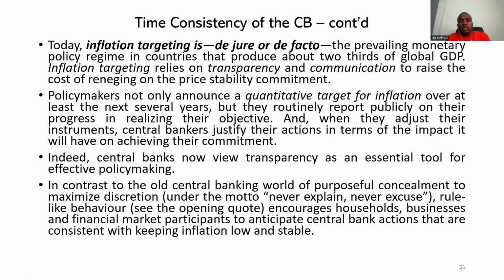And it relies on transparency and communication to raise the stakes when it comes to reneging on price stability commitments. Policymakers not only announce a quantitative target for inflation over at least the next several years, but they routinely report to the public how far they are in tracking or realizing their objectives.